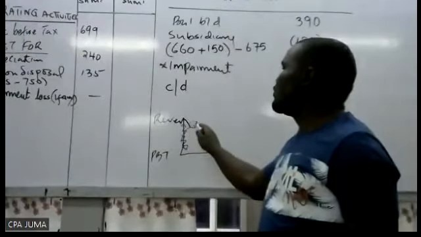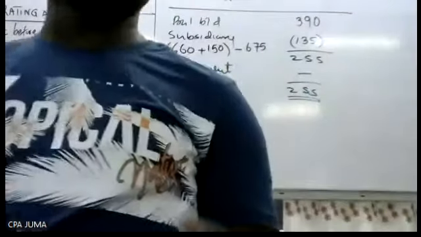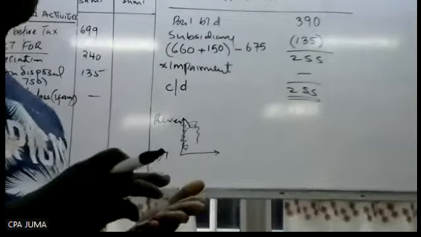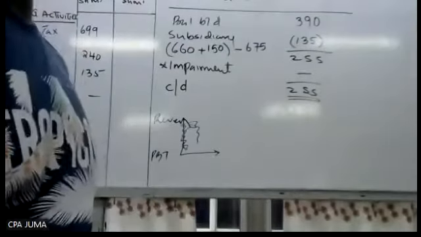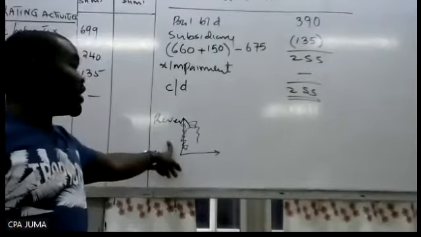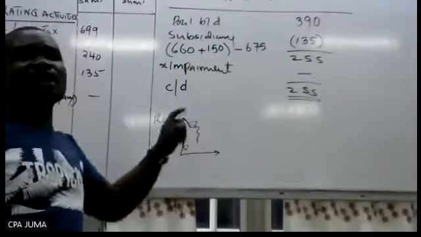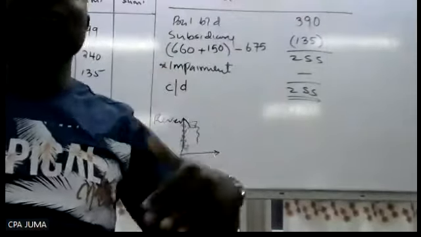Items which were captured in this space but are non-operating: operations will only allow cost of sales, admin, revenue itself, selling and distribution. So any other expense which was subtracted prior to PBT, add it back. Any income which was added before PBT, subtract it. So we can start from revenue up to PBT, or we move from PBT going back.